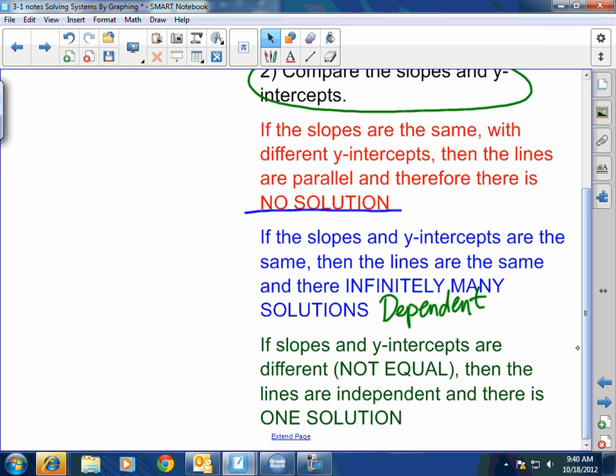And then if the slopes and y-intercepts are different, they're not equal, then the lines are independent and there is only one solution. So you don't have to graph to find out if there's one solution, which is independent, no solution, which is inconsistent, or if there's infinitely many solutions, which is dependent. Sorry. Yes, sir.